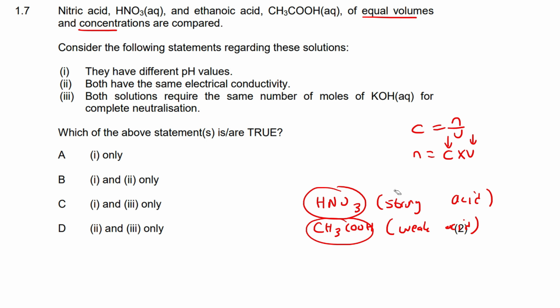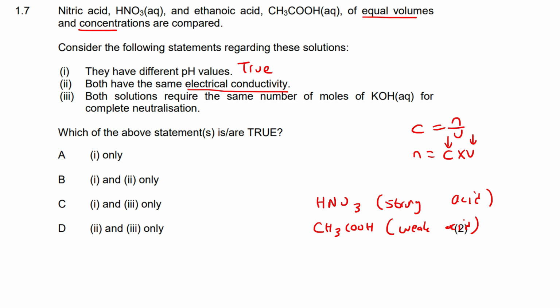So the HNO3 would cause the solution to become very acidic, whereas this one would not have the same pH. So they have different pH values. That is definitely going to be true. So let's put here, that is true.